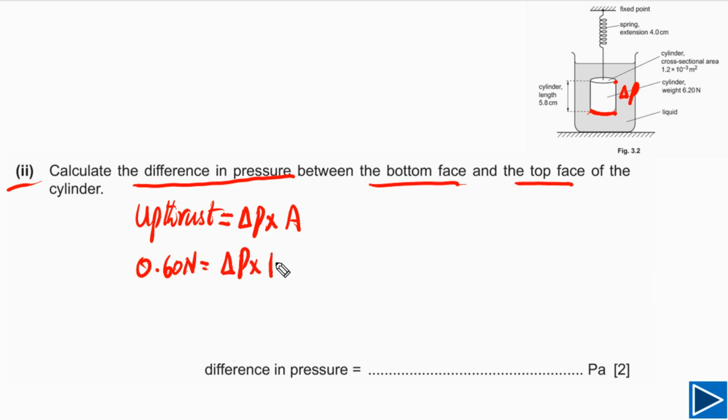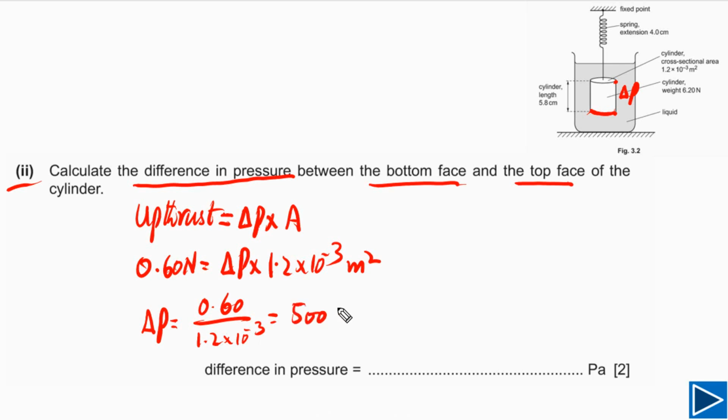Cross-sectional area is also given, that is 1.2 times 10 to negative 3 meters squared. Now delta P is quite straightforward one. If you simply divide upthrust by cross-sectional area, we can find out value of delta P. In this case, delta P will be equal to 500 Pascal. So this is our answer.